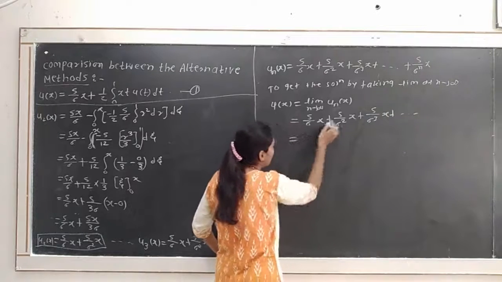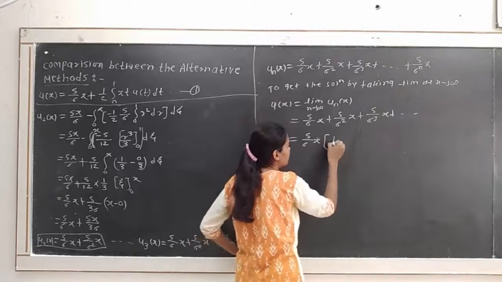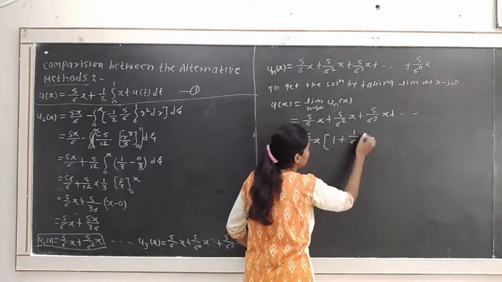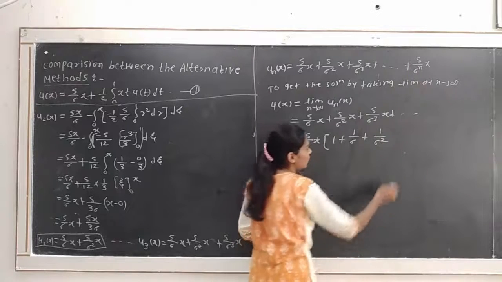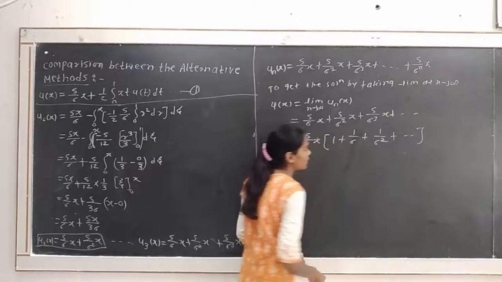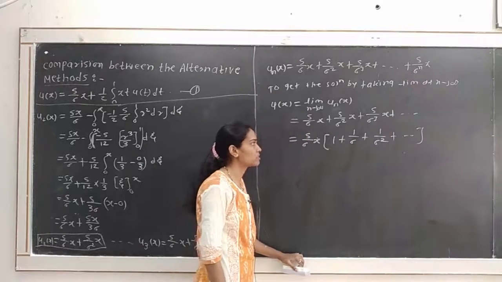Okay, so again here we take 5 divided by 6 into x outside, so we get 1 plus 1 by 6 plus 1 by 6 square and plus, and so on. Again we use the expansion of 1 upon 1 minus x, that is 1 plus x plus x square.